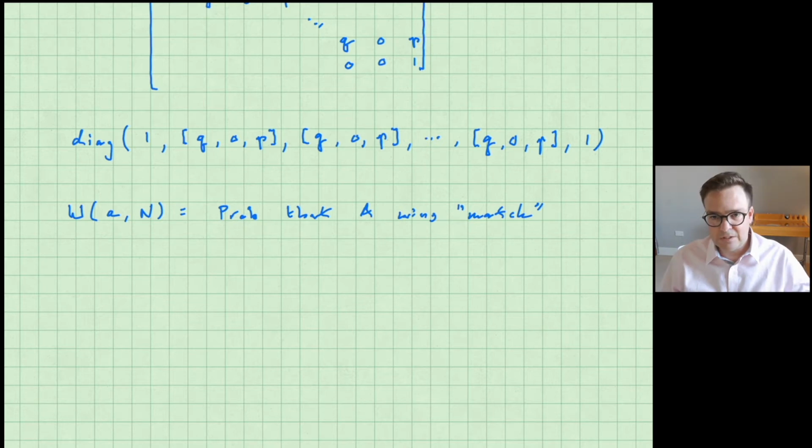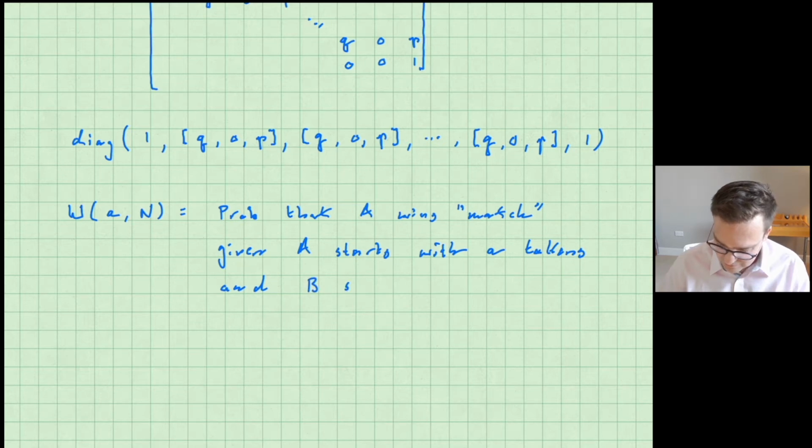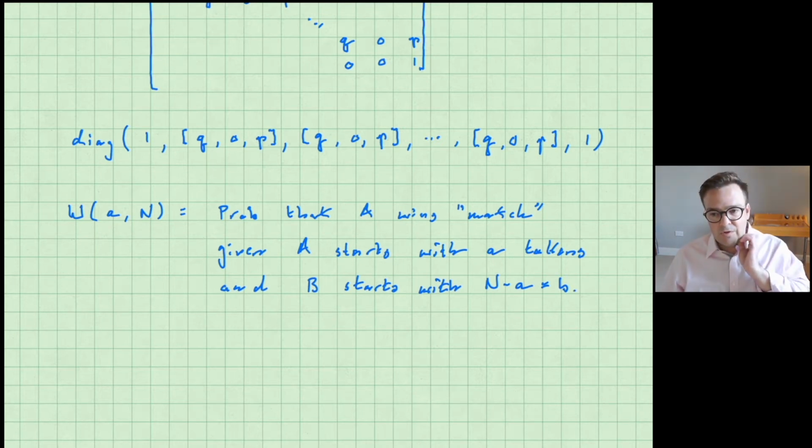Right, the overall collection of games, given A starts with lowercase a tokens, and B starts with n minus a, which is lowercase b. It doesn't appear in the equation there, but right. So we're going to try to work that out.